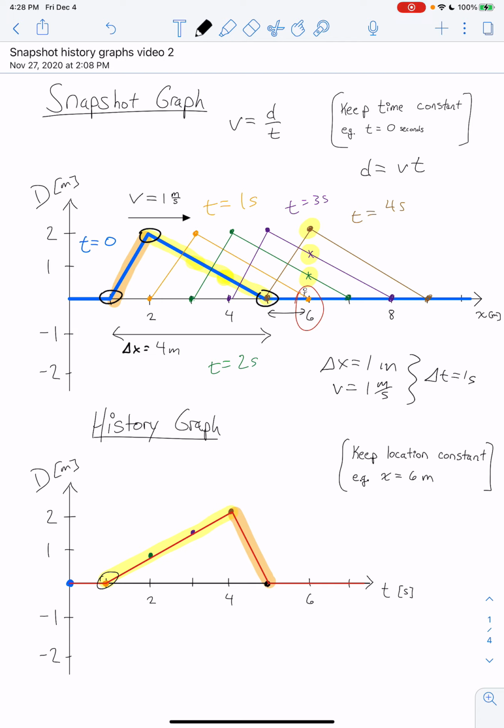And then we can say, well, what about the peak? Right? Instead of doing all that work, we could have said, well, delta x between this position and our peak, that's going to be 1, 2, 3, 4 meters.